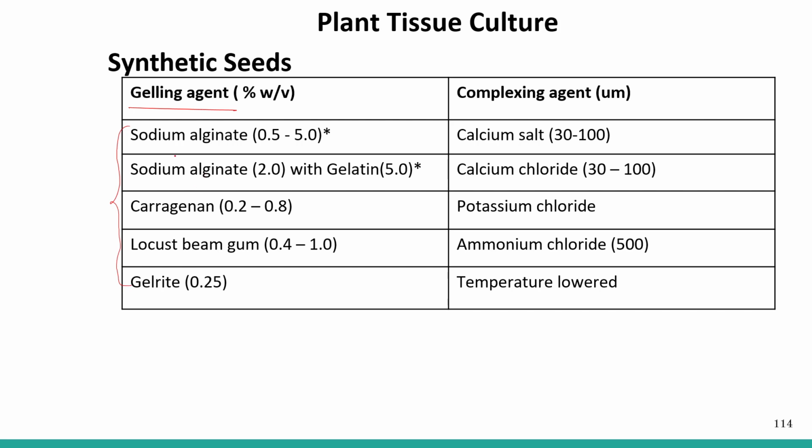You can now see sodium alginate with gelatin, carrageenan, locust bean gum, and gellan gum for the gelling agent. And complexing agents: calcium salt, calcium chloride, potassium chloride, ammonium chloride, and lower temperature, right? So these are the requirements for synthetic seed encapsulation.